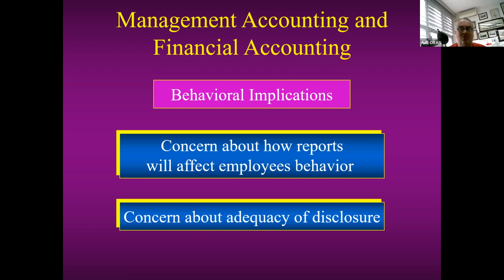So just like you do a cost-benefit analysis in most of your decision making, cost-benefit analysis also needs to be done when choosing between, do we want to provide this additional information or not? Because it will be bringing additional costs. Are the benefits sufficient to rationalize doing this? And this is one of the decisions in financial accounting, which is done by the standard setters, not necessarily the individual companies.